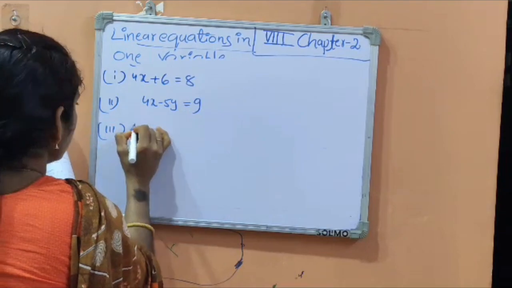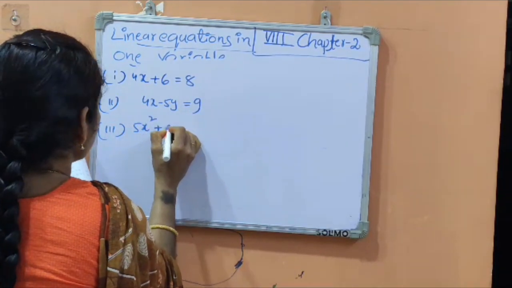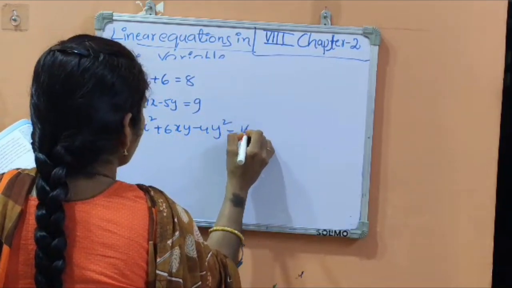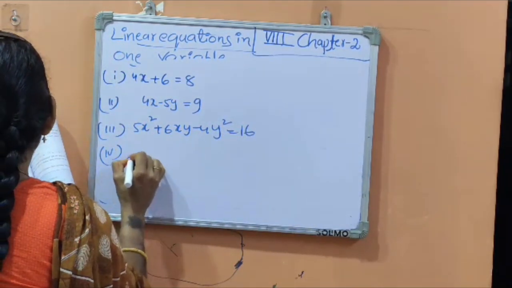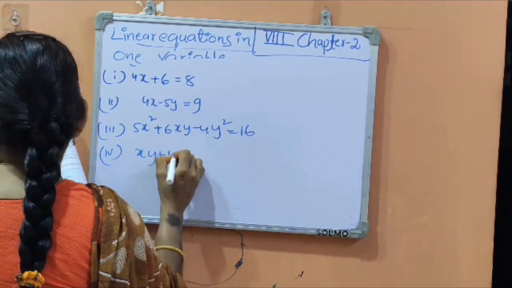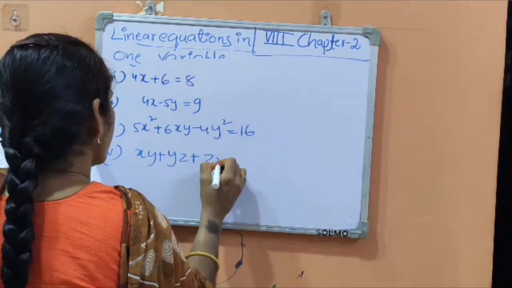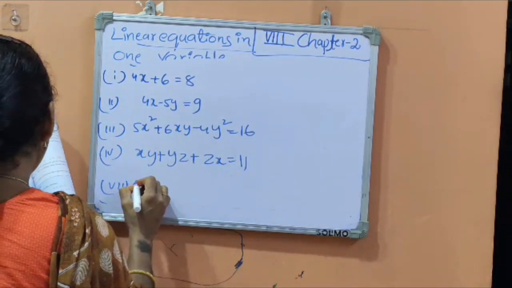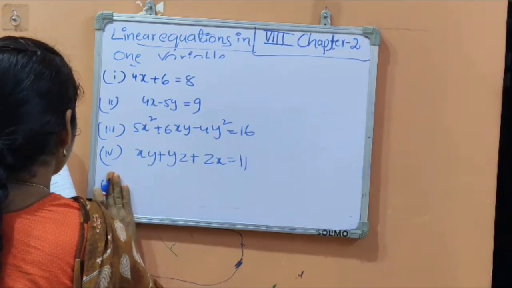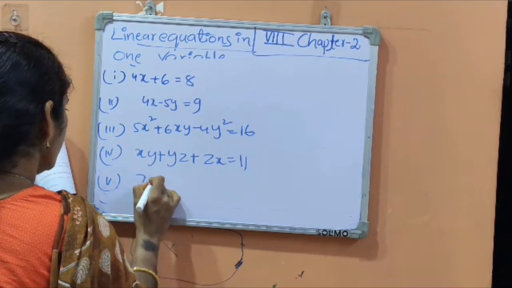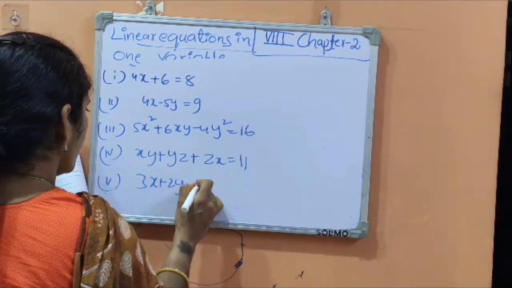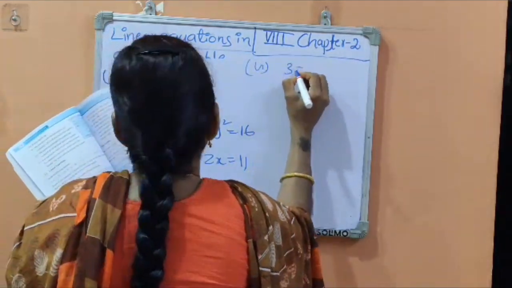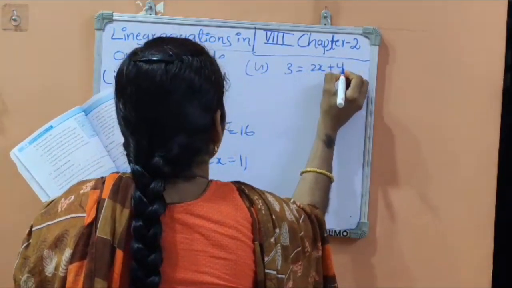Question 3 is 5x square plus 6xy minus 4y square equals 6. The fourth one is xy plus yz plus zx equals 11. The fifth one is 3x plus 2y minus 6 equals 0, and the sixth one is 3 equals 2x plus y.